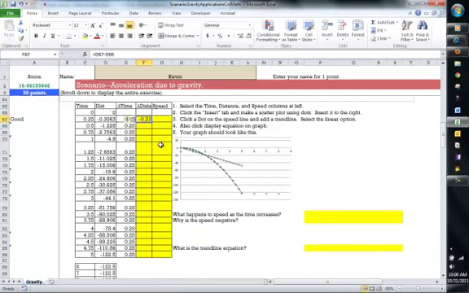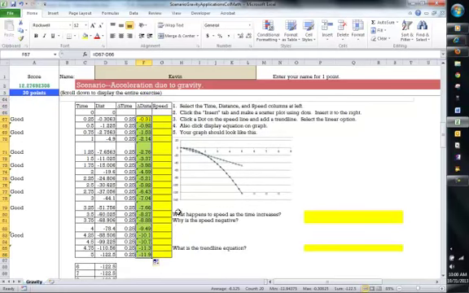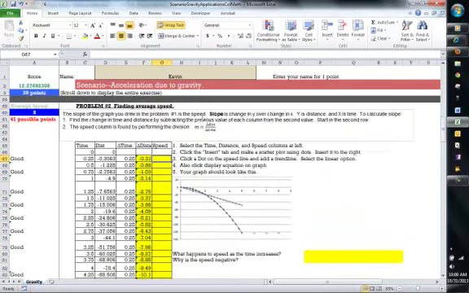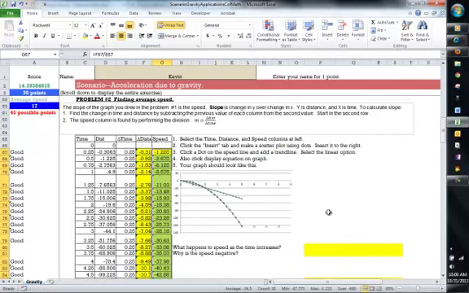And if you notice, when we pull that down, the distance increases, which is what we said before. The speed is the change in distance divided by the change in time. And if you notice, the speed gets bigger as we go farther down.